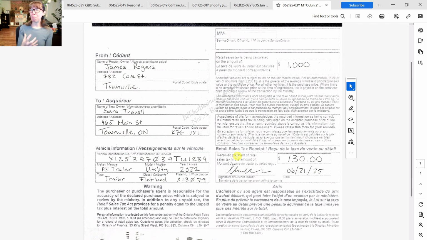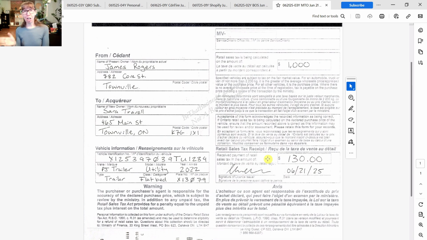Now, part of the reason that people think this might be HST is because it's 13%. And the provincial portion of the sales tax is only like 7% in Ontario. So the fact that it's 13% is a real red herring for people. They think, oh, that's HST. The reason it's 13% and not 7% is because when tax got harmonized, you have all of these car dealerships lobbying the government saying, hold on, that's a lot of money for consumers that aren't businesses.